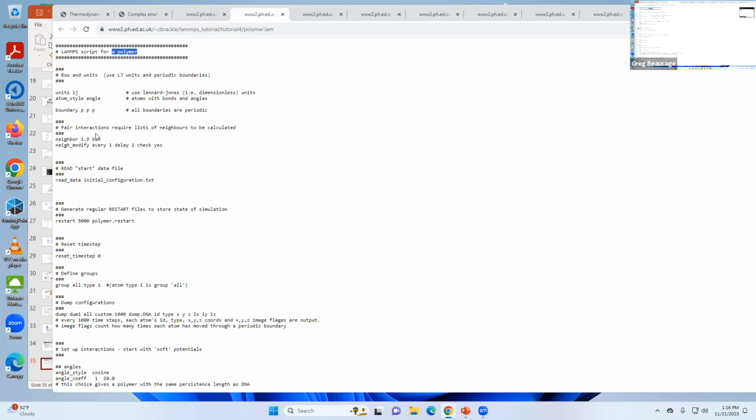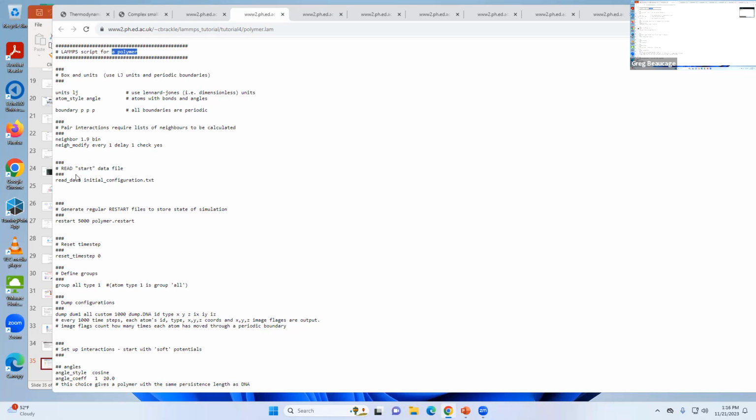So you can see where it says read data, initial configuration. Whatever you name your initial configuration file, that is what you're supposed to reference there. You're referring the script to your initial configuration file on that line of code.